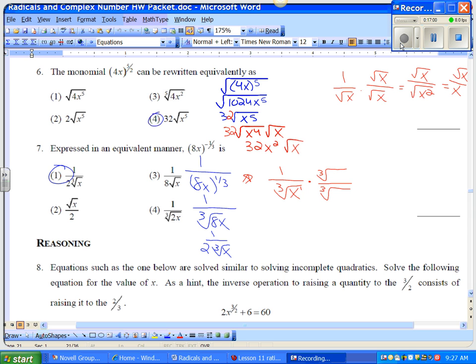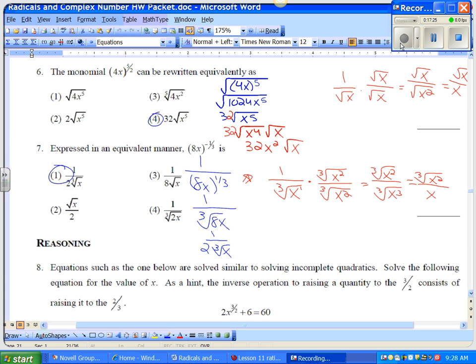It has to be the cube root of something. So the cube root of x times the cube root of x squared, why x squared? What's the cube root of x times the cube root of x squared? X cubed. Cube root of x cubed. What's the cube root of x cubed? X.